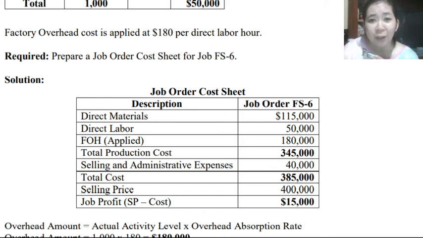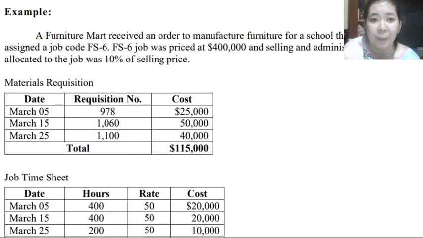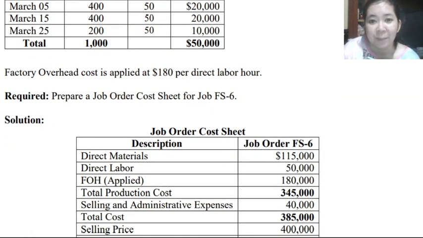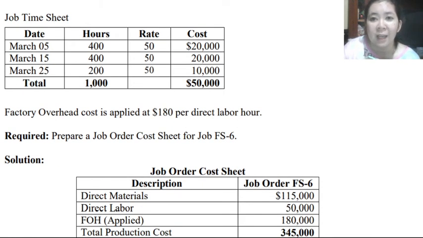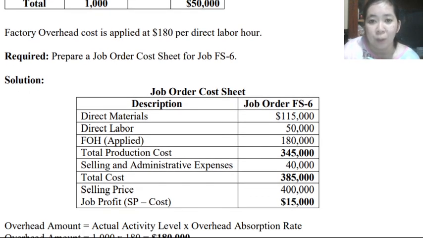The job order cost sheet will have its description, the job order number, and the manufacturing cost, like your direct materials. Direct materials, we get from our materials requisition form. So that's 115,000. For direct labor, we get 50,000 from our job time ticket. So that's the total direct labor cost in working for this specific job order.